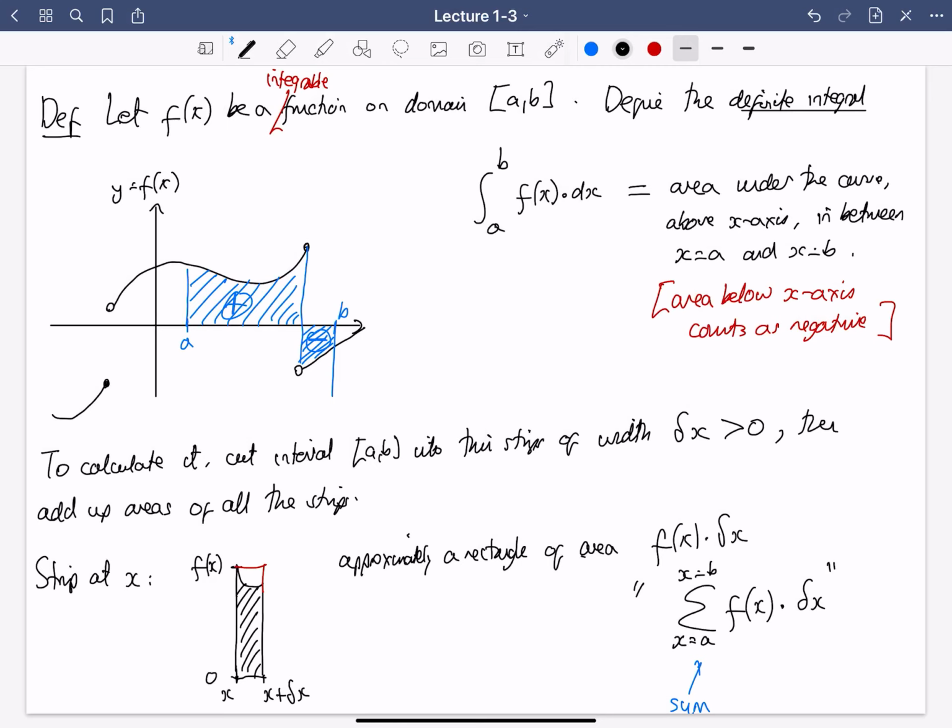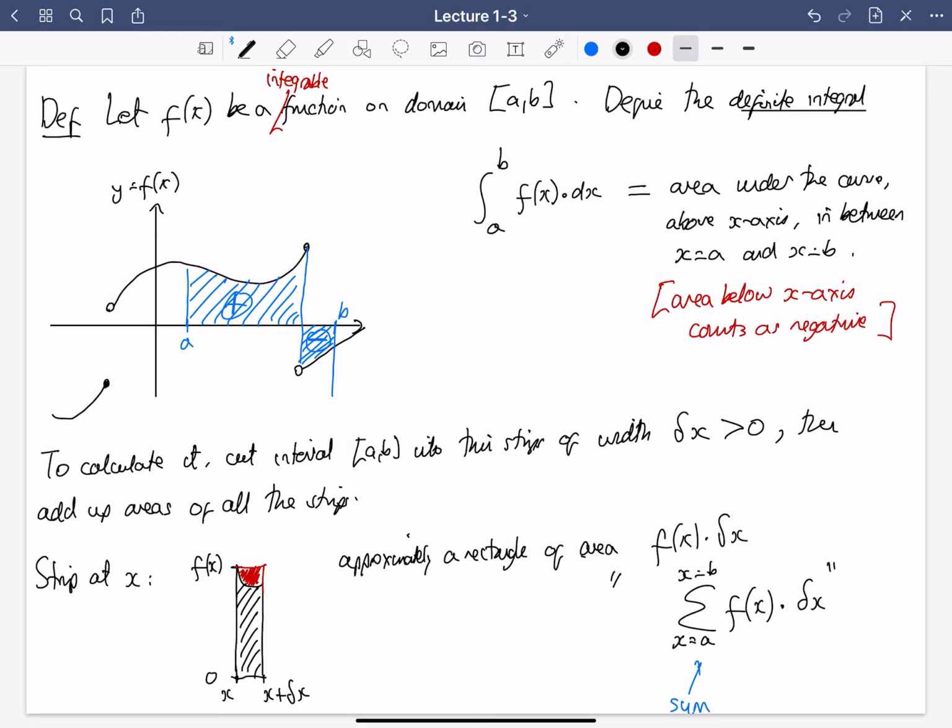And that will give you an estimate of the area under that curve that we're after, this definite integral that we're trying to compute. And the idea is that as that delta x, as that width of the strips, gets thinner and thinner, that's like drawing your picture on finer and finer graph paper. There's some error in estimating the area under that curve on that strip as the area of that rectangle, but as delta x gets smaller and smaller, as that rectangle gets thinner and thinner, the error goes to 0.